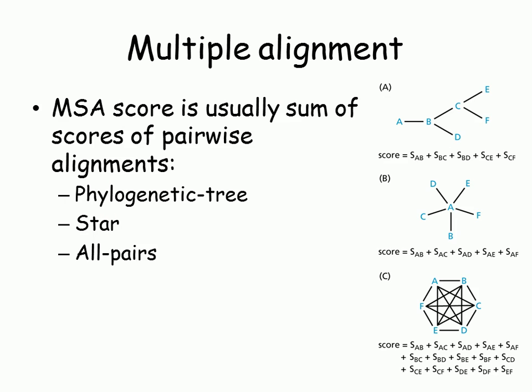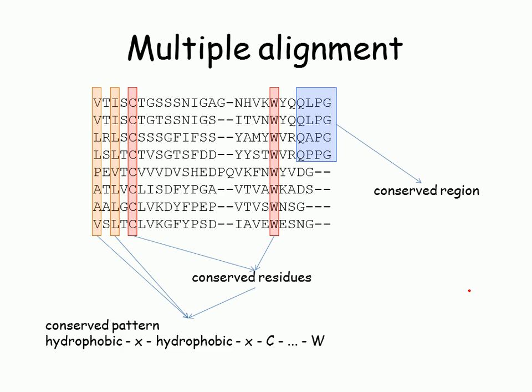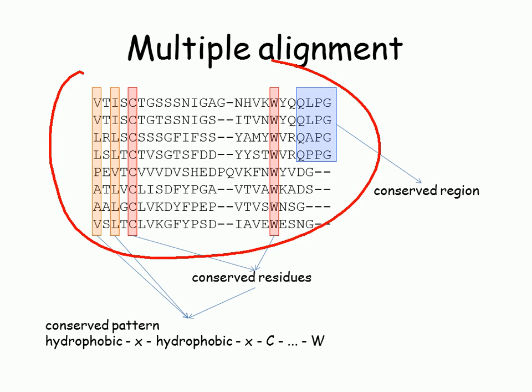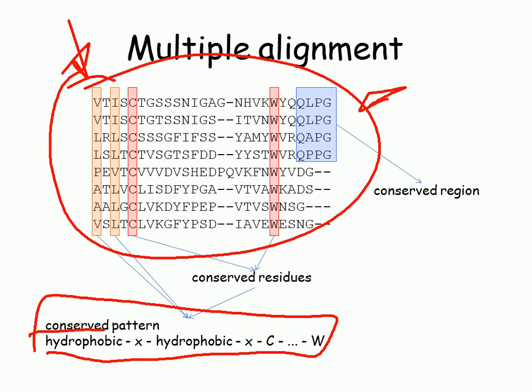If you have a multiple alignment, this is more difficult to process for the biologist, who would need simpler things than a multiple alignment like this. So a pattern is a lot more useful.